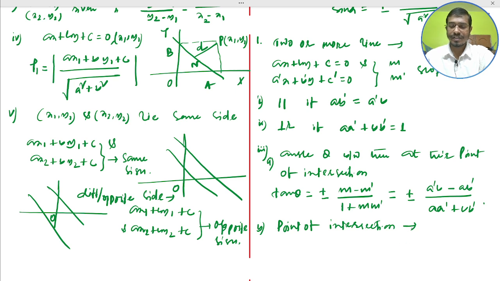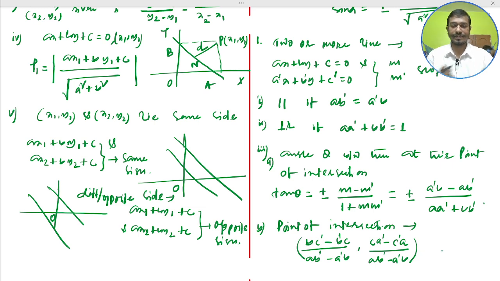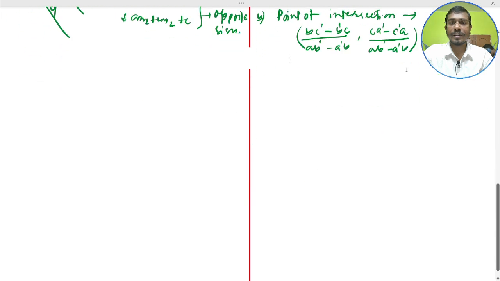The point of intersection is (bc dashed minus b dashed c) divided by (ab dashed minus a dashed b), and (ca dashed minus c dashed a) divided by (ab dashed minus a dashed b). This is the point of intersection. And the last one is very important.